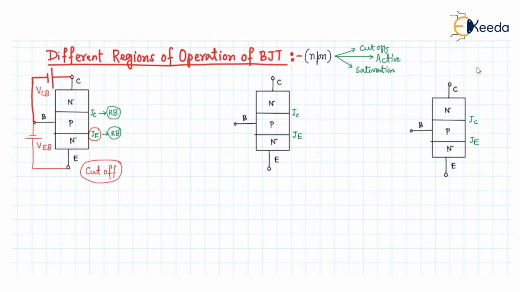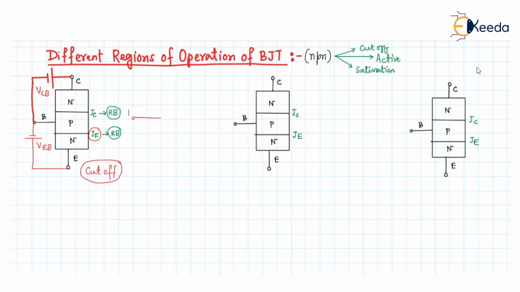In the cutoff region, the collector junction is reverse biased and the emitter junction is also reverse biased. In this case, the equivalent circuit of the transistor can be drawn like this.